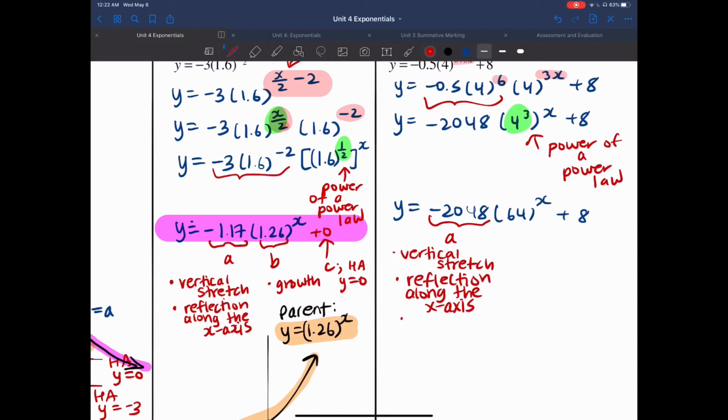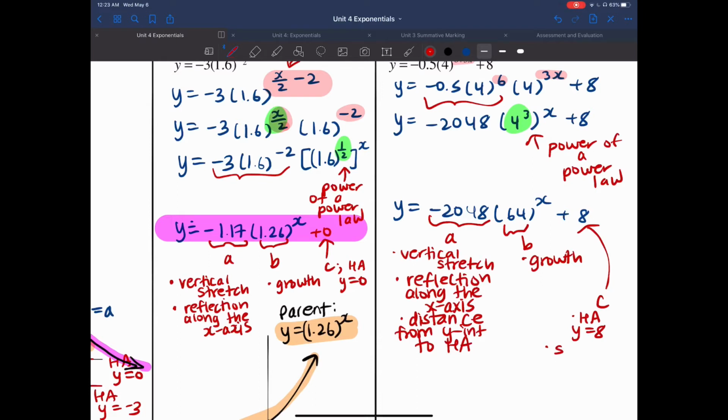And lastly, this also has a meaning of distance from y-intercept to HA. Meanwhile, for my 64, that's my b, and that is a growth because it's a value larger than 1. And finally, for my c, that is my horizontal asymptote, and my horizontal asymptote is at y equals 8, which means there has been a shift up by 8.